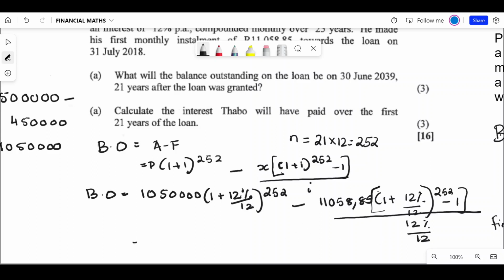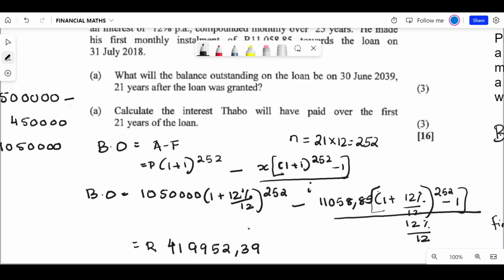Now maybe you can use this part alone in the calculator, answer minus this one, or I can also give it together in the calculator. So the final answer that I have written down here is 419,952.39. Check whether you are getting the same answer. Okay, so that is the answer for A.